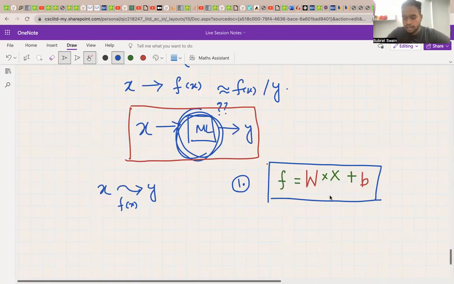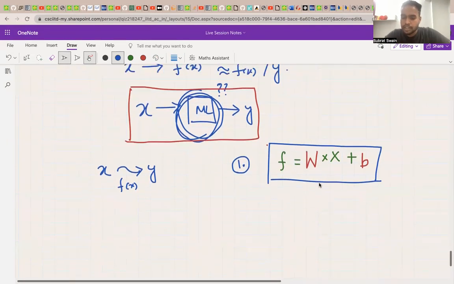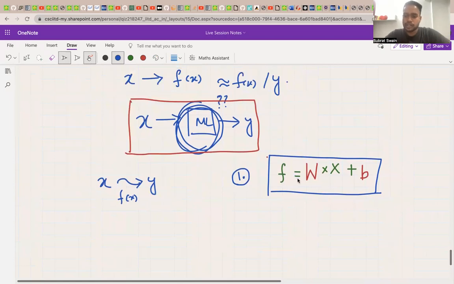So the task for us now will be to find this w and this b instead of finding the function. So Sasi asked: should I see w as slope and b as intercept? If you look carefully, this is the equation of a line, right?